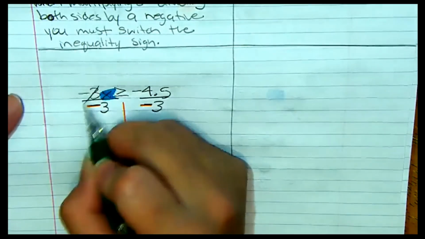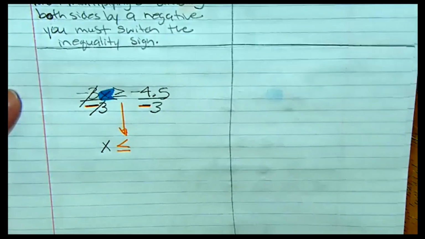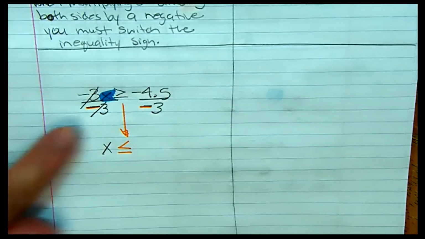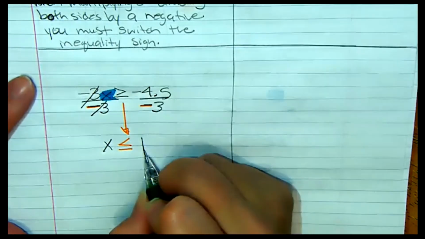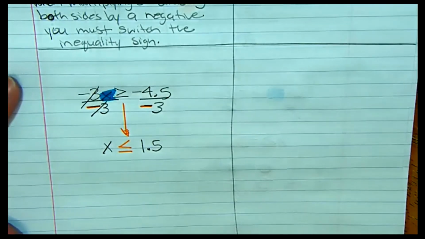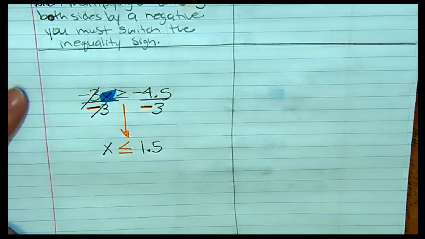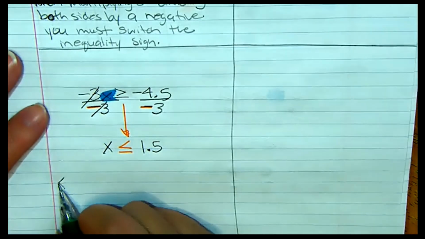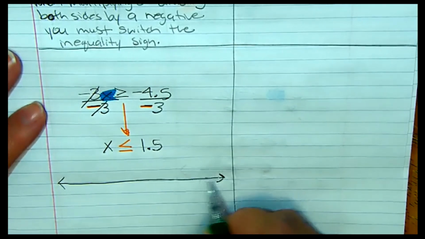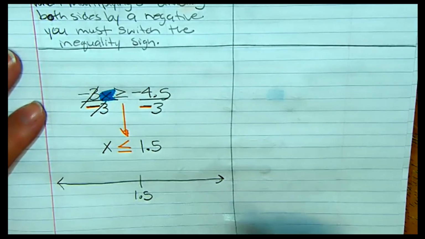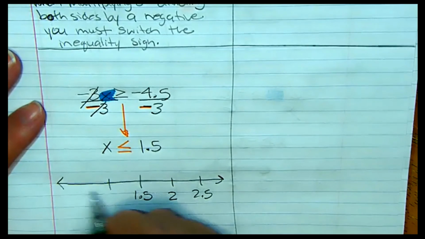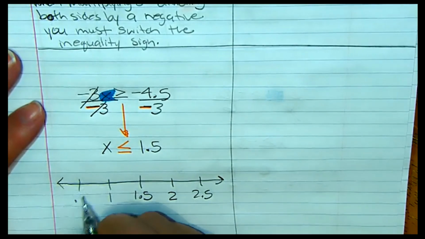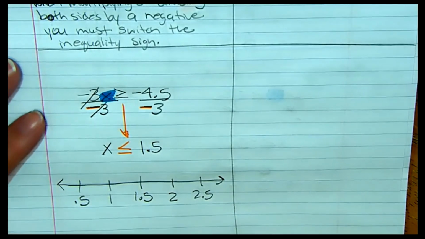So -3 divided by -3 cancels, and I've got x. -4 5/10 divided by -3 is positive 1/5. And we graph that. My target goes in the middle, 2 ticks to the right, 2 ticks to the left.